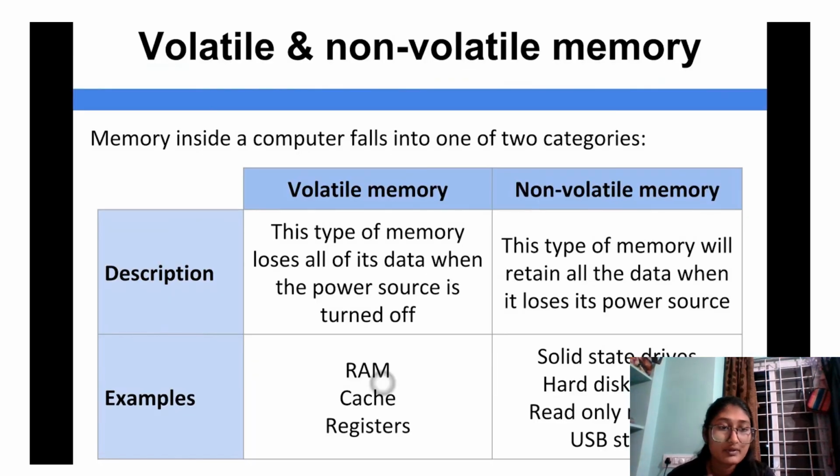This is the difference, with descriptions and examples, of volatile and non-volatile memory. Memory falls into two categories, volatile and non-volatile. Volatile memory loses all its data when the power source is turned off. Non-volatile memory will retain all the data when it loses the power source. Examples include RAM, cache memory, solid state drives, hard disk, read only memory, USB.